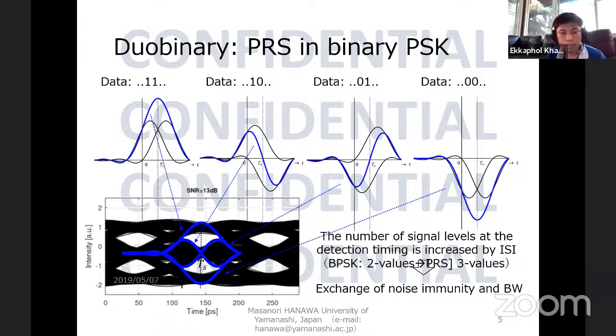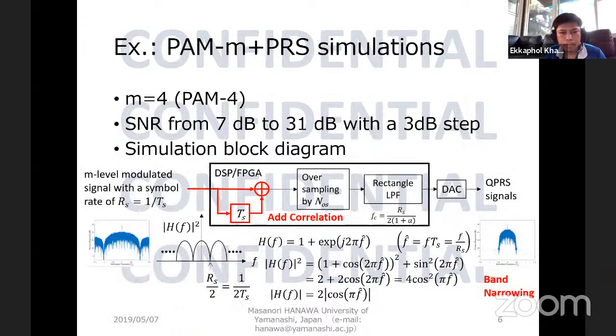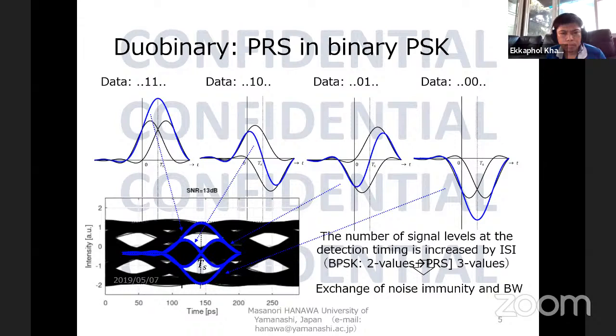Then how to generate this signal is shown here. Basically, we make the signal in a program. I explained the idea with the binary case, so it's called dual binary.